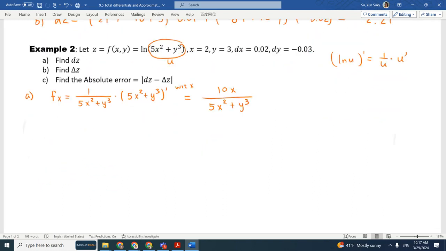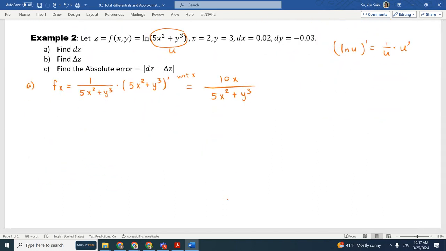Let's continue. Okay, this is fx. How about fy? The first step is the same, 1 over u times u prime, but this prime is with respect to y. So let's write it down. 1 over u times u prime, but this prime is with respect to y.